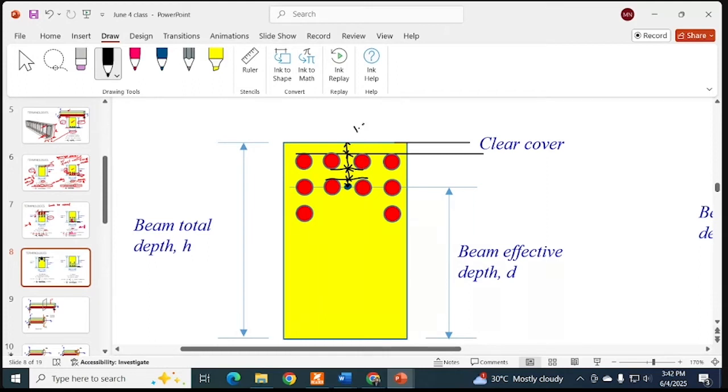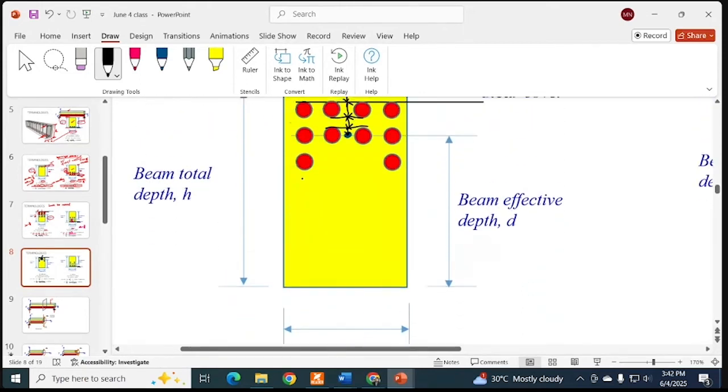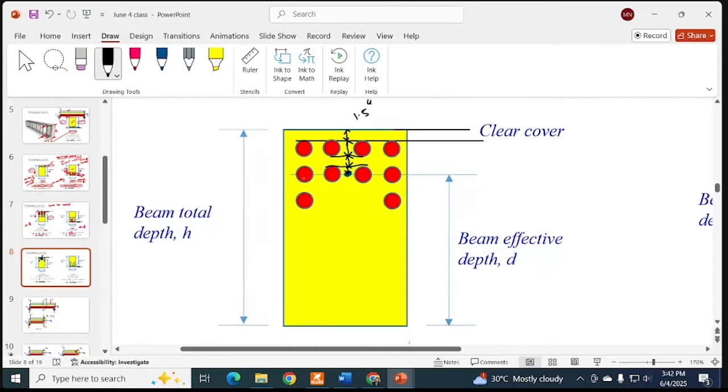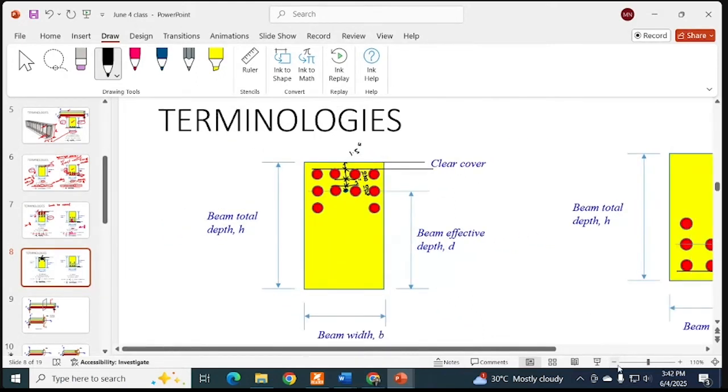So 1.5 is the clear cover, bar diameter কত দিয়েছি, নাম্বার 10, নাম্বার 10 হলে diameter হচ্ছে 10/8, then bar to bar layer to layer distance 1 inch, then radius হচ্ছে 10/16, diameter half. So this is how you calculate effective depth.